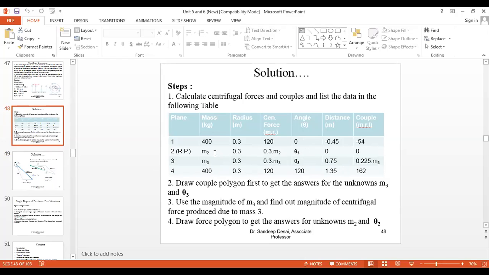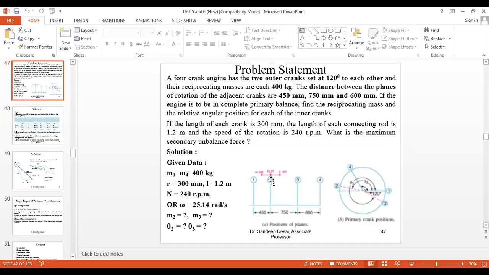Similarly, the magnitudes of mass 2, m2, and mass 3, m3, are not known. While solving the problem, we have assumed plane 2 as the reference plane. We can see plane 2 here.